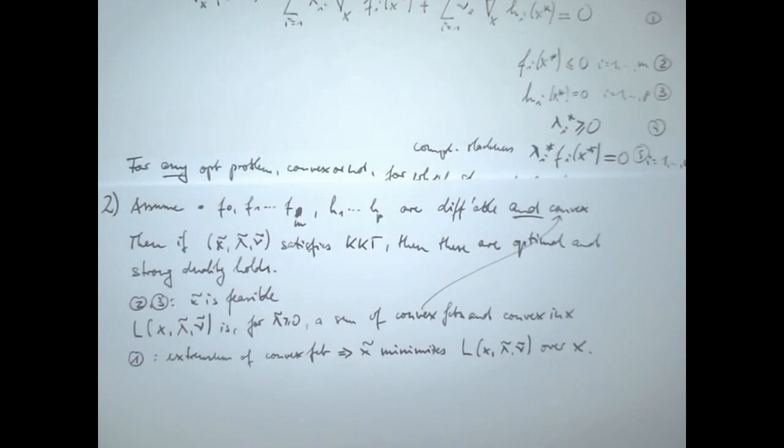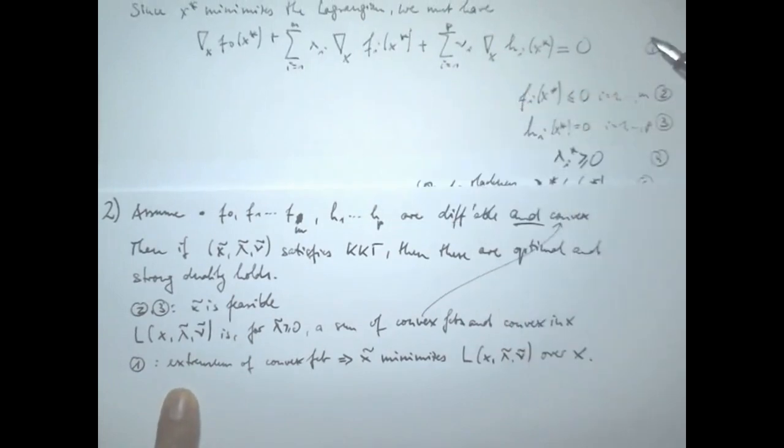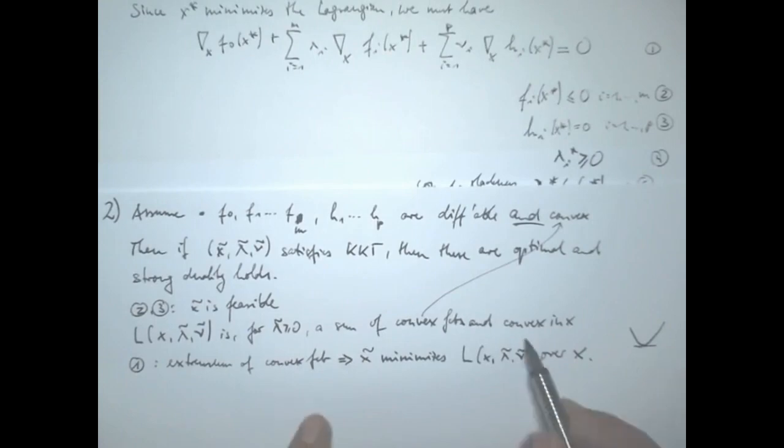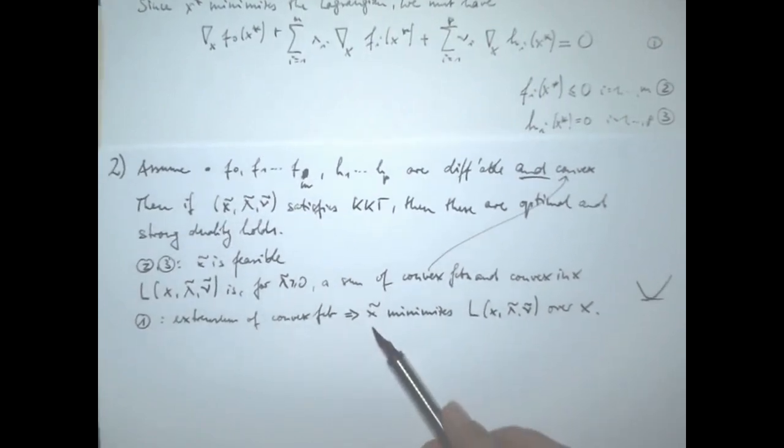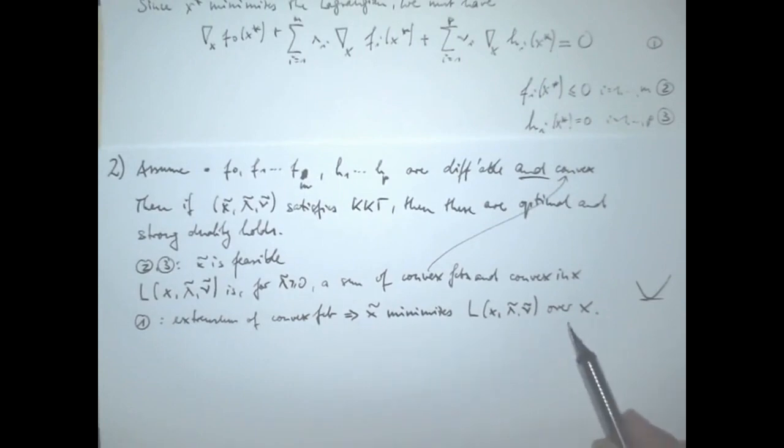So, you see, equation number 1 said that we were at an extremum, and the extremum of a convex function is going to be a minimizer. This is why we can say that x tilde minimizes this Lagrangian over x.